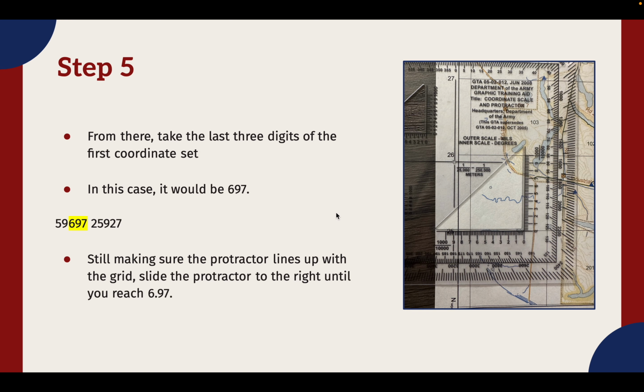Because it's in this square, we line the protractor's 0, 0 up at the bottom left corner. From there, take the 3 digits of the first coordinate set, so 697. I like looking at it as 6.97. Using the same bottom of the grid square, you slide over 6.97, so that's basically almost 7. You can see we line it up here.